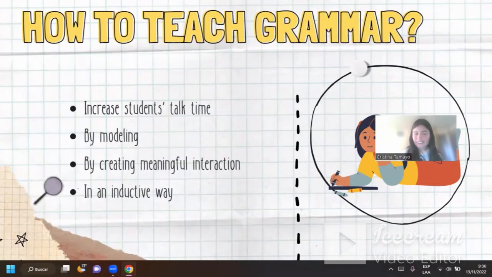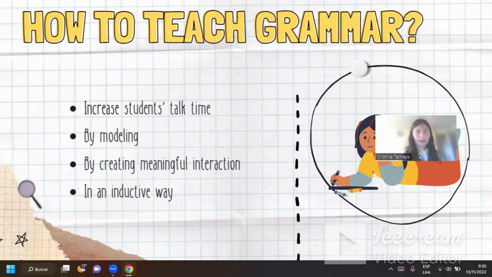And the biggest challenge is how to teach our students grammar. Here we summarize some ideas on how we can do it. For example, by increasing students' talk time, it is so important that students talk. By modeling, and also by creating meaningful interaction in the class, for example in group activities, conversations, and debates, and also in a welcoming environment, which is so important too.